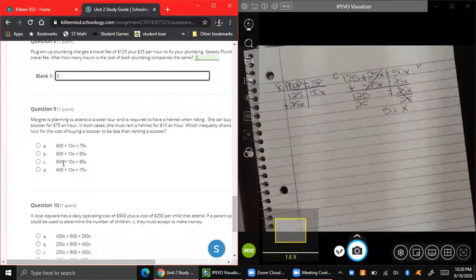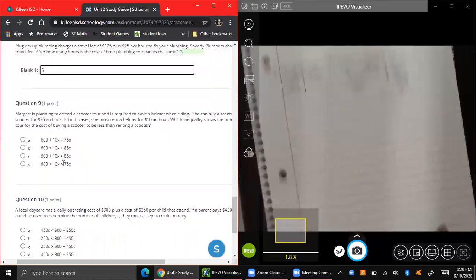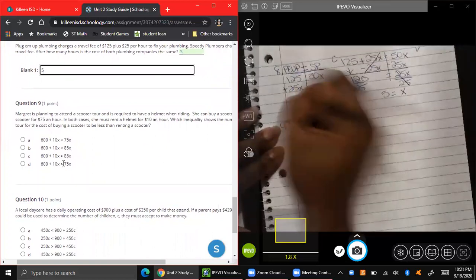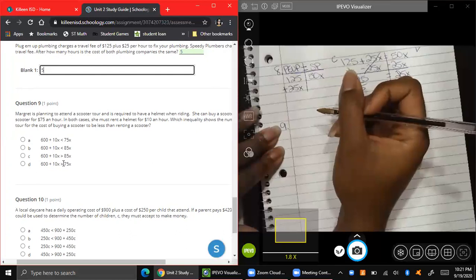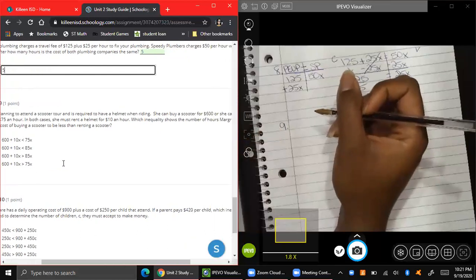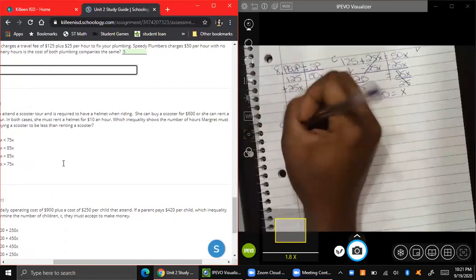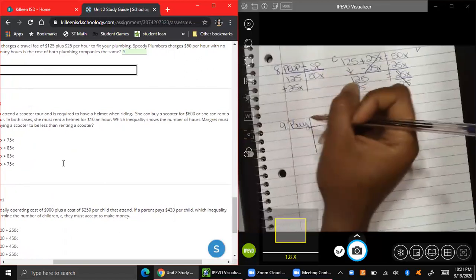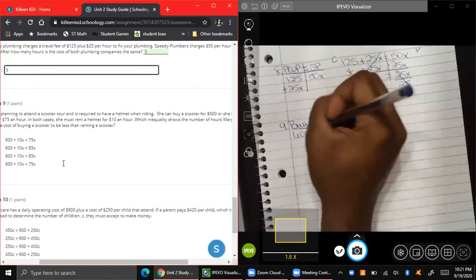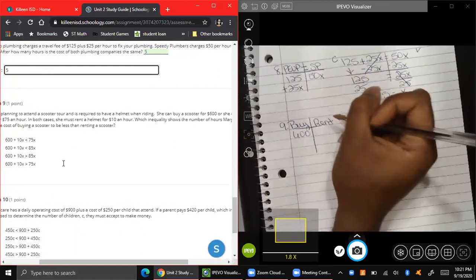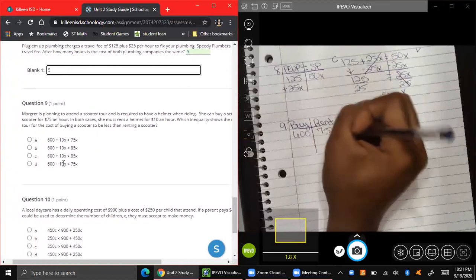Number 9 says Margaret is planning to attend a scooter tour and is required to have a helmet when riding. She can buy a scooter. So over here we have buy. She can buy a scooter for $600, or she can rent a scooter for $75 an hour.